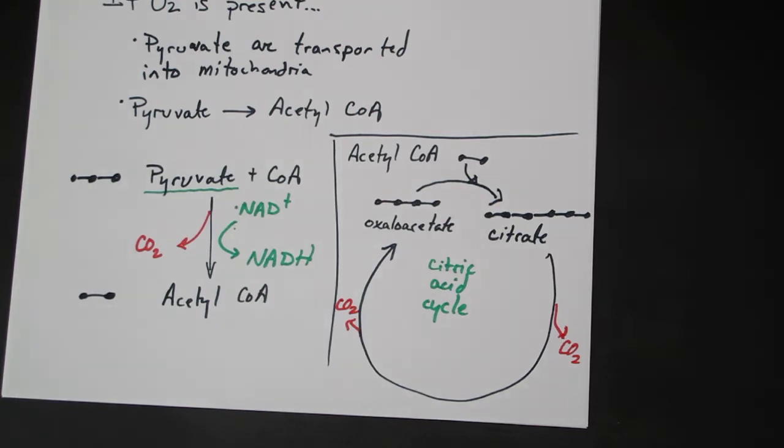However, the big thing that we've got going here, and the one that you might have guessed based on my theme for the day, is we have a whole series of redox reactions. And that's really what the citric acid cycle is, a series of reduction oxidation reactions in which we're producing even more of those high energy electron carriers.